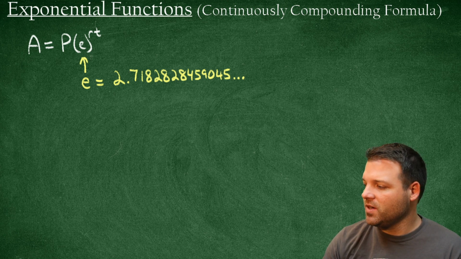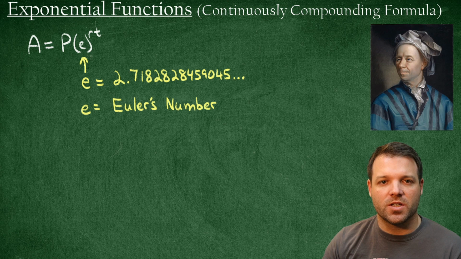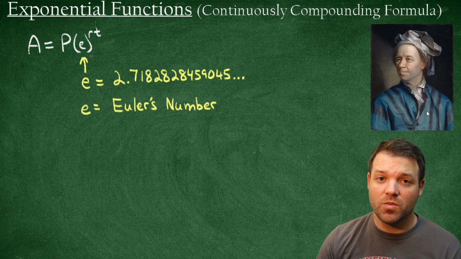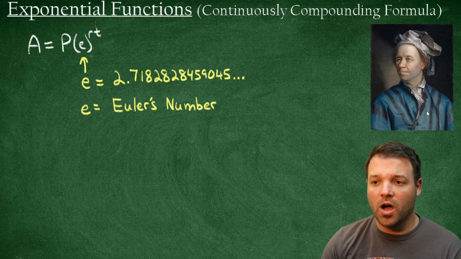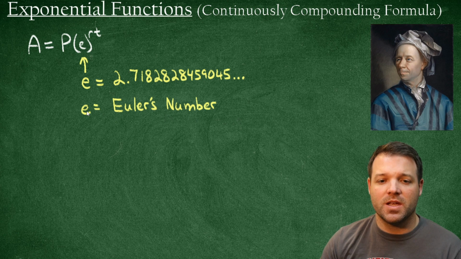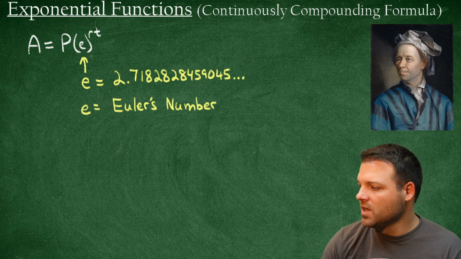And so it does have a name. This is called Euler's number, named after Leonhard Euler, who is one of the most prolific, if not the most prolific, mathematicians of all time. He named this E, and it's not actually after his last name. It just happened to be the next letter that he was using in his notes.